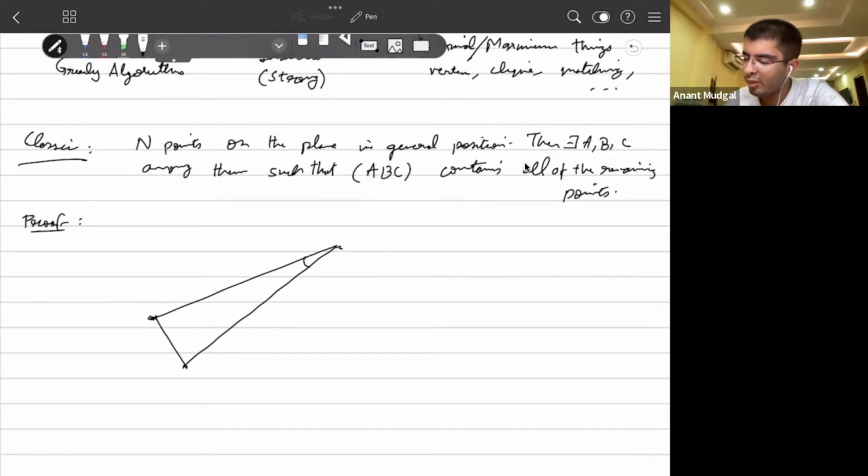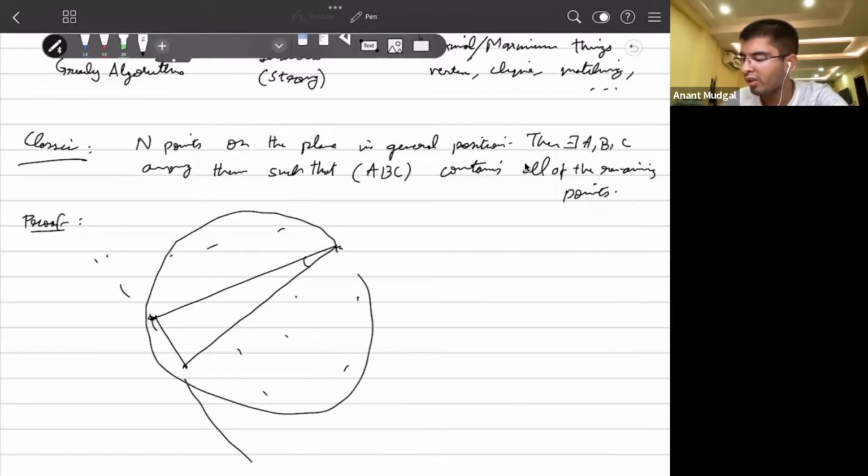And you try to make sure all points lie on the same side of this line. All the points are here. And then if this is the smallest angle, then this circle will contain all of these points. That's how one argument goes. So formally, you'd write this as: pick two consecutive points on the convex hull, pick the smallest angle they make, take the circumcircle. And that's the proof.